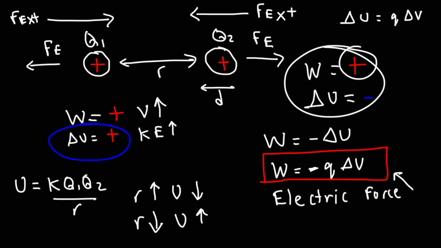In either case, the potential energy is going up. The kinetic energy may go up depending on how big this is. But notice that the signs of these two are the same. Therefore, this particular equation won't work for the external force. We have to get rid of the negative sign. The only way it's going to work is if we use this equation: W is equal to positive Q delta V.